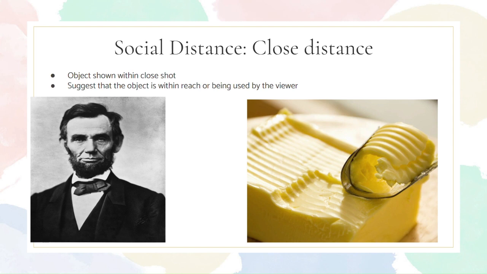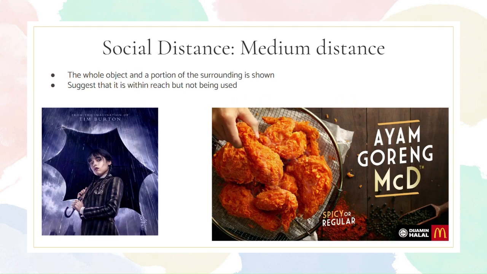It's a little further, but it's not so far away that we feel I need to go there to get it, or I can't look into the details of it. It's close enough for us to look at the image in a little bit of detail.